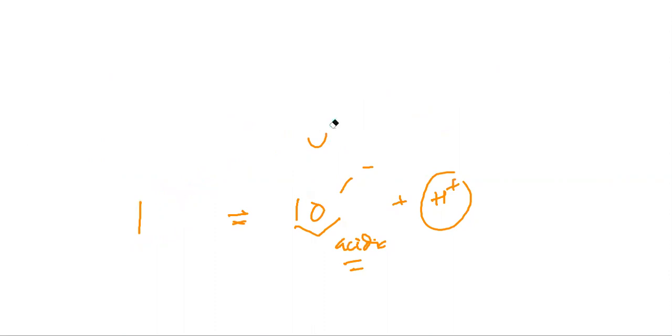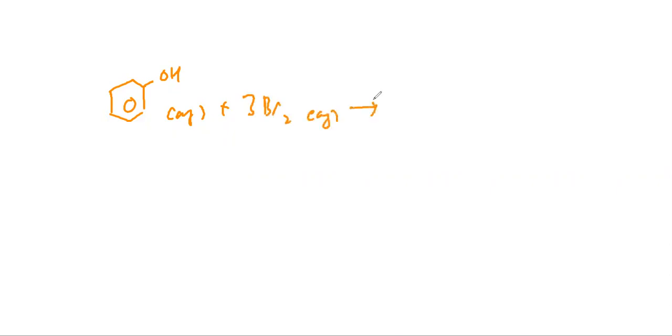The other possible reaction of phenol is phenol with bromine water, to give 3 substitutions of bromine in the benzene ring of phenol. So for example, you have phenol again, in aqueous phase, plus 3Br2 aqueous.